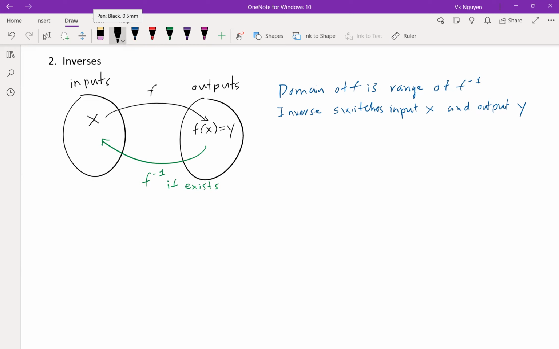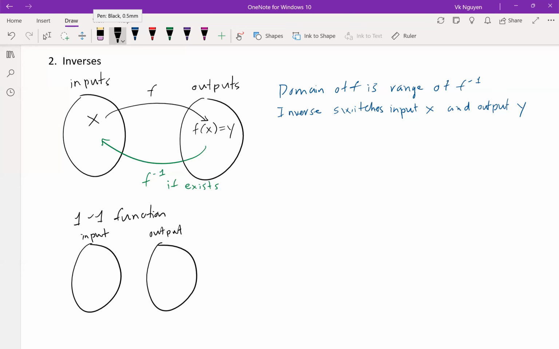We have two types of function. We have a one-to-one function. Input, output. Okay, so for a one-to-one function, one input goes to exactly one output.